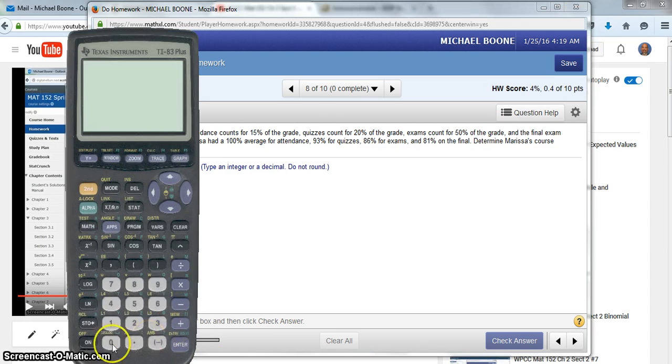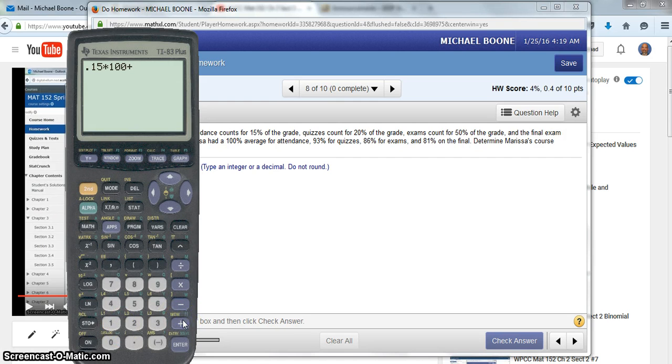We could just look at the formula, and the text would talk about just taking the percentage of each item. 15% is for the attendance times what her grade is.